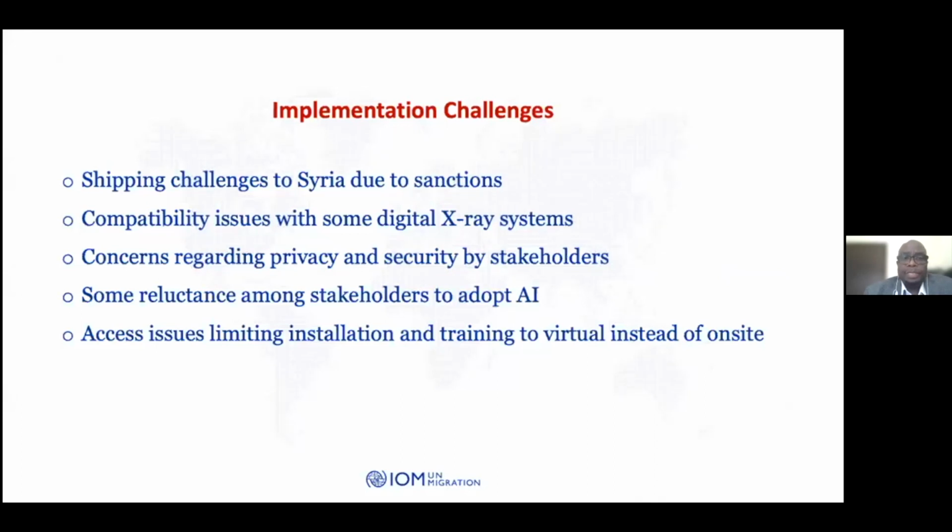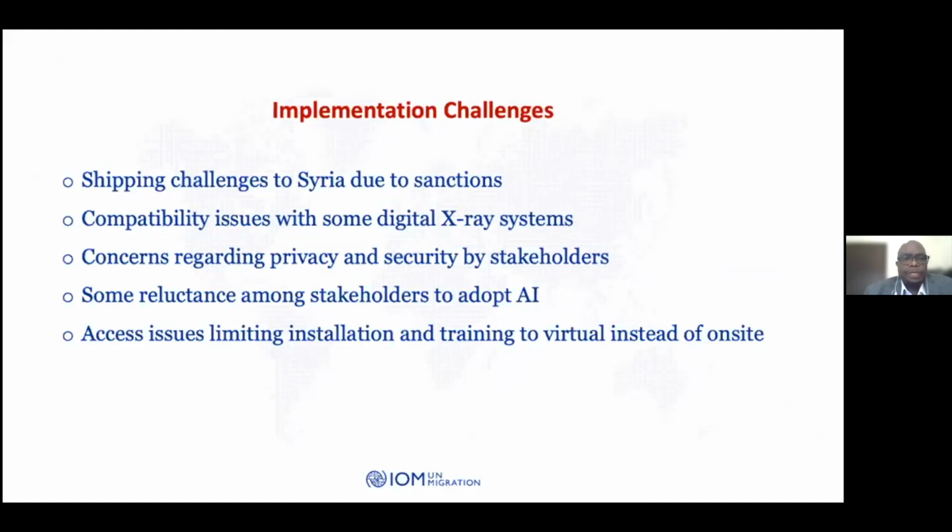We are seeing also compatibility issues with some digital X-ray systems. And for this, we are again working with different manufacturers of X-ray systems to ensure that the linking up of the X-ray devices and the software and hardware CAD for TB works seamlessly.